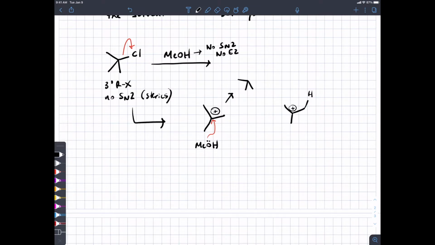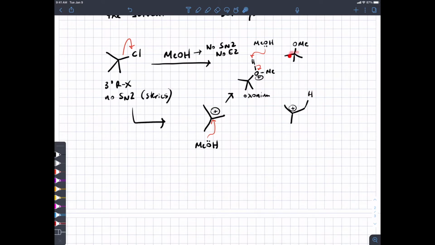If the nucleophile is water or an alcohol, that leads to this positively charged oxonium ion intermediate, and then usually another molecule of your alcohol from the solvent removes that proton to give you the neutral substitution product.